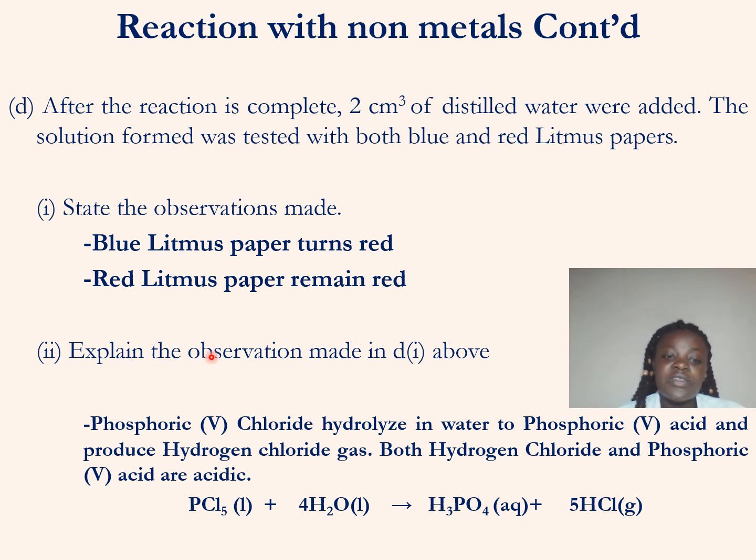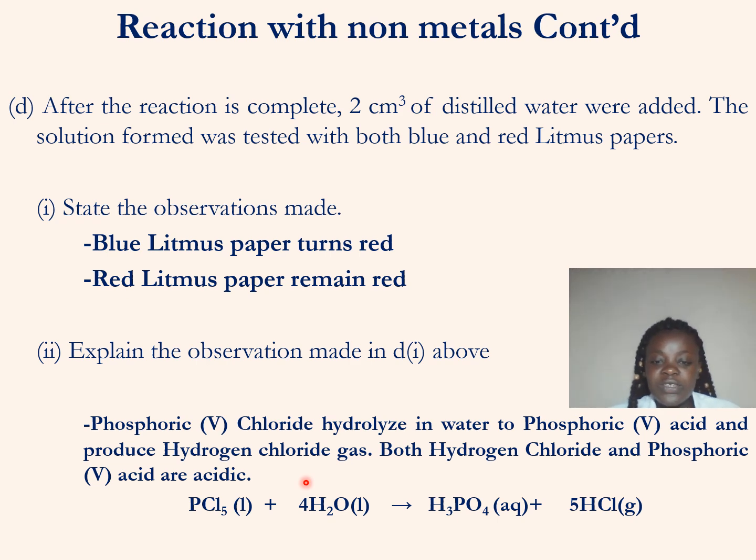All right. So the explanation goes this way. Phosphorus 5 chloride hydrolyzes in water to phosphoric acid and produces hydrogen chloride gas. All right. Both hydrogen chloride and phosphoric acid are acidic. That's why our blue litmus paper is turning to what? To red.